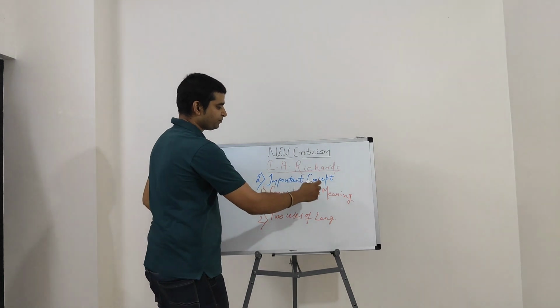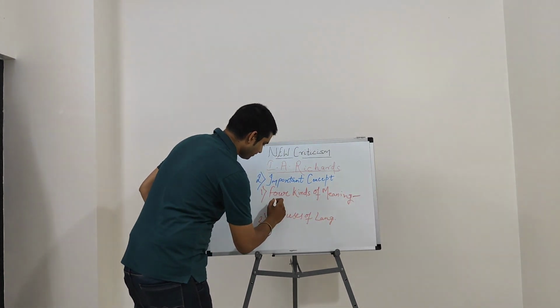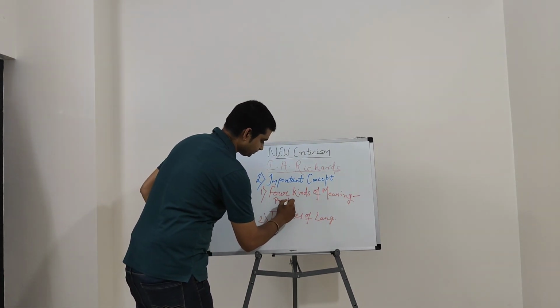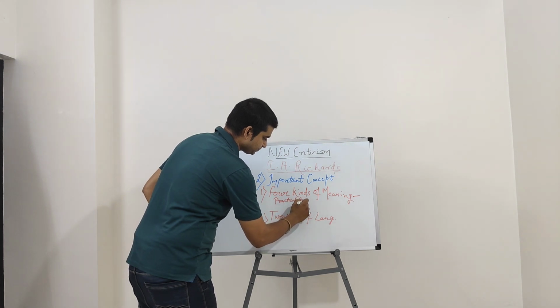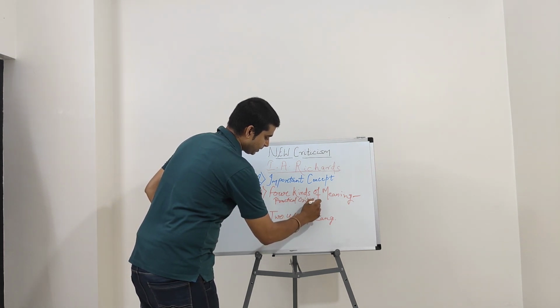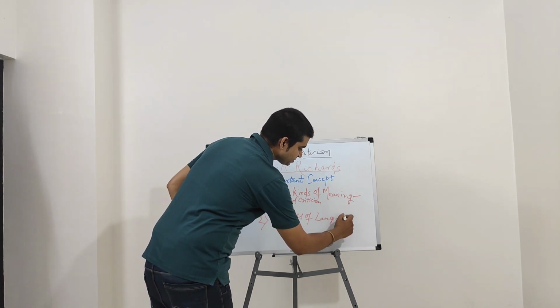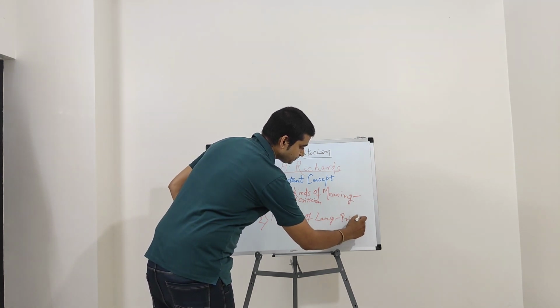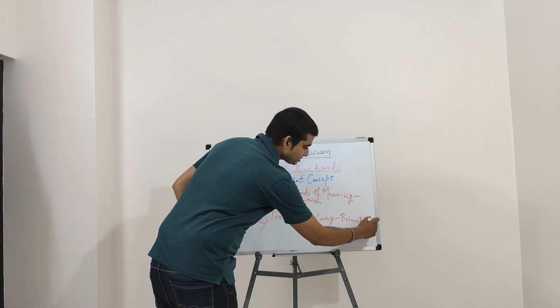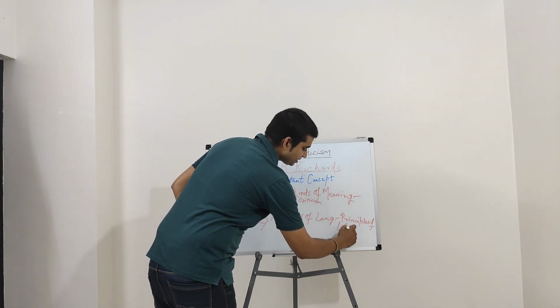Four kinds of meaning was given in his work Practical Criticism, and two uses of language was given in his work Principles of Literary Criticism.